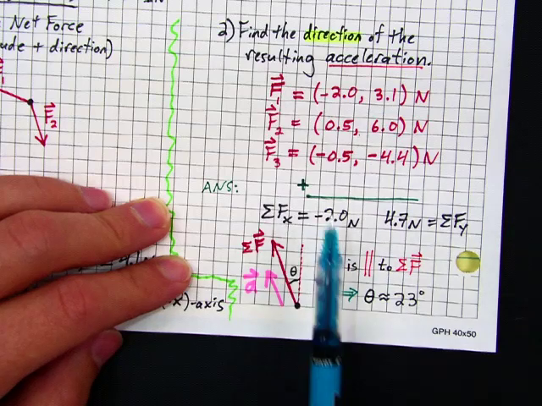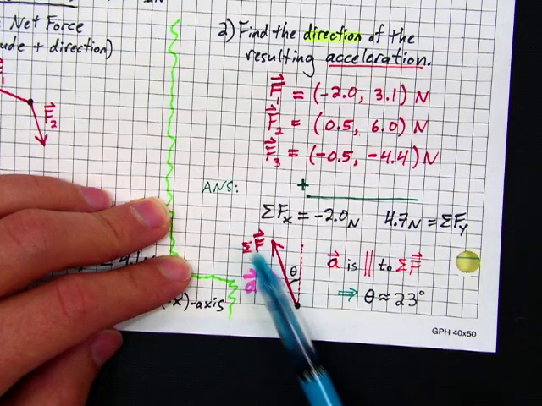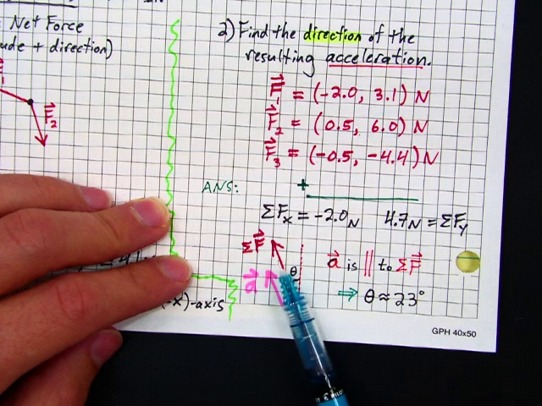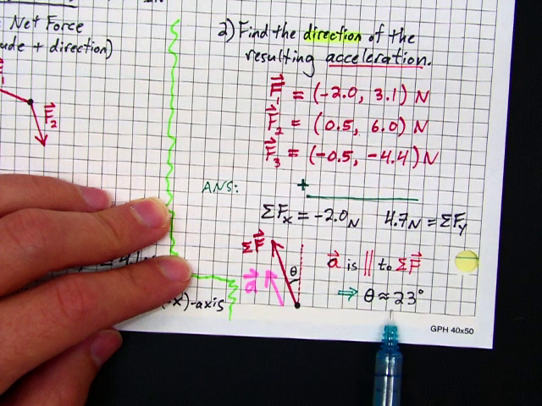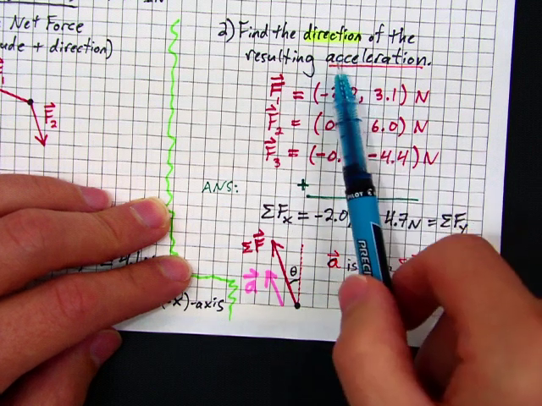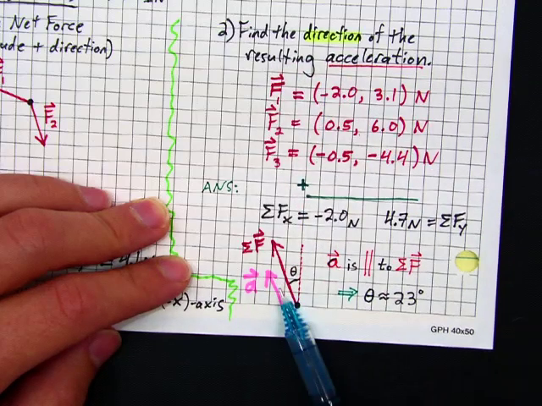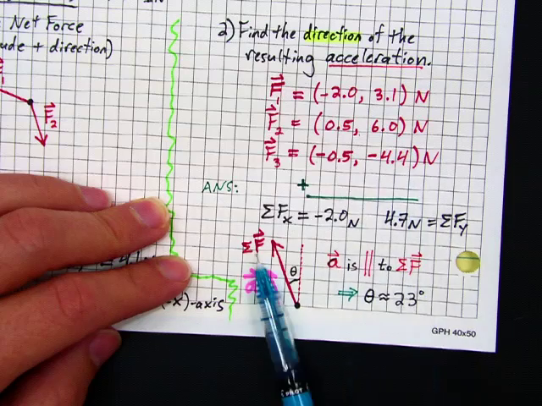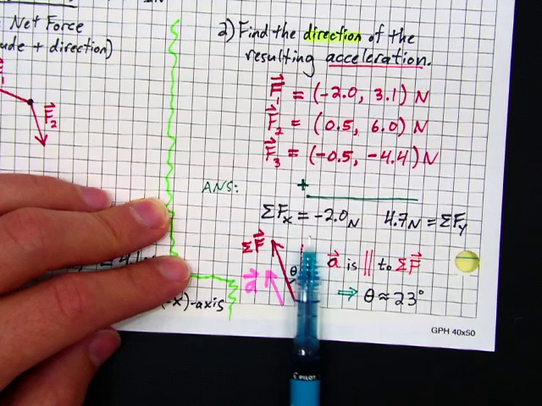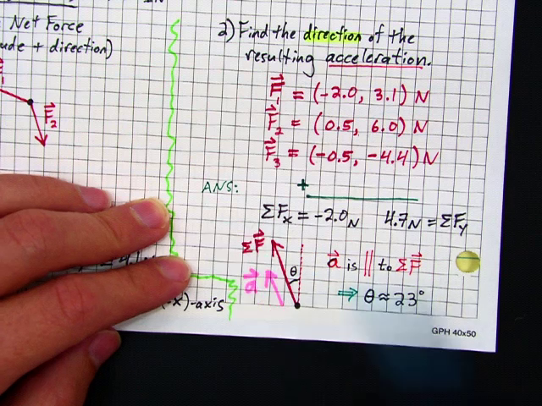So our net force is pointing off in this direction here. Use a little bit of trig to find that this angle right here is about 23 degrees. Therefore, the object will accelerate parallel to that net force, so at about 23 degrees to the left of that positive y-axis right there.